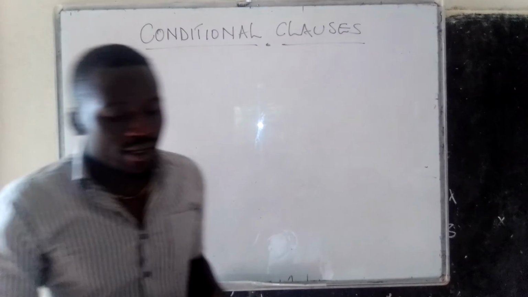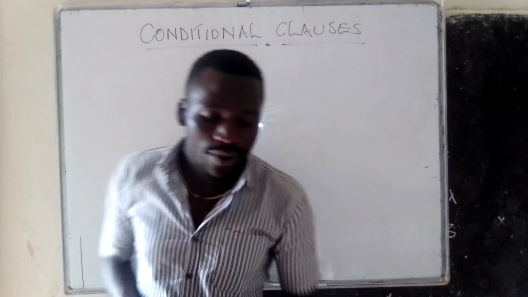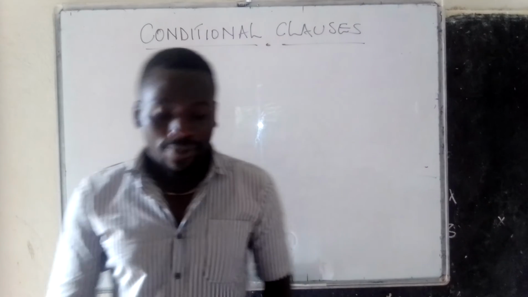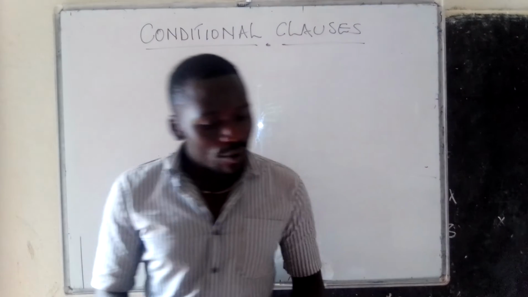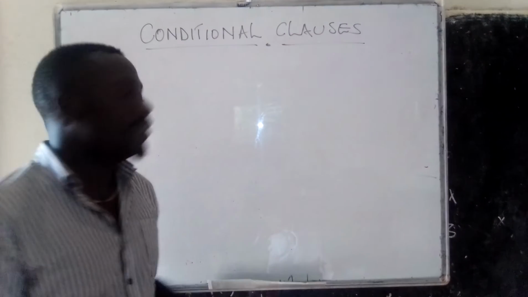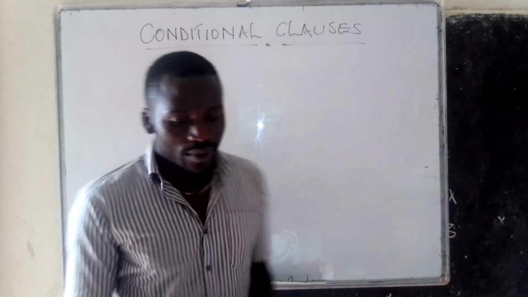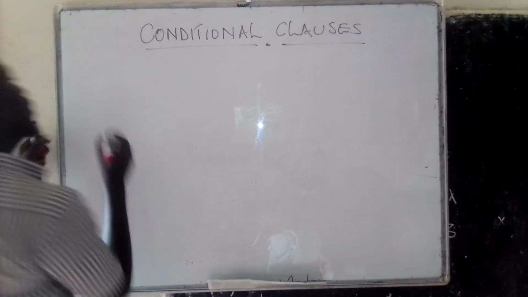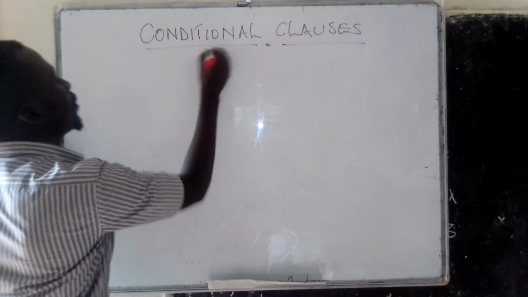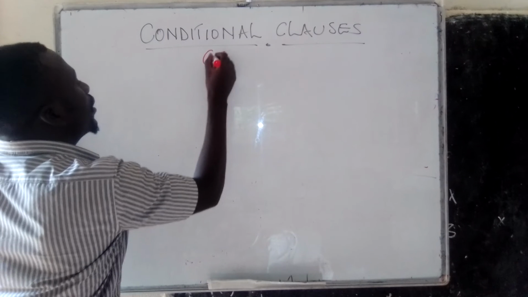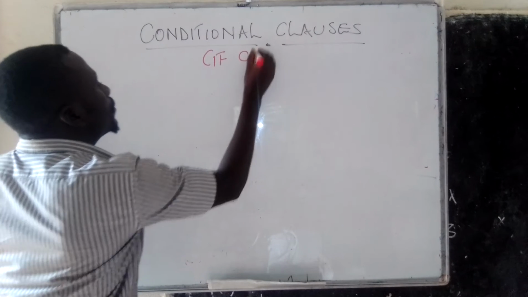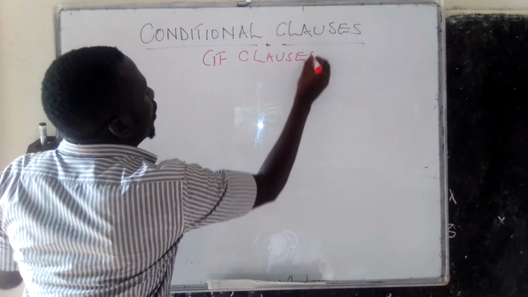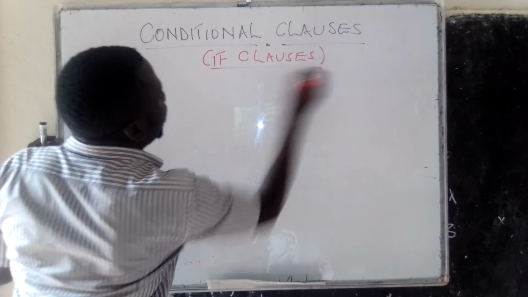We have three categories: if 1, if 2, and if 3. You can also call them if clauses.